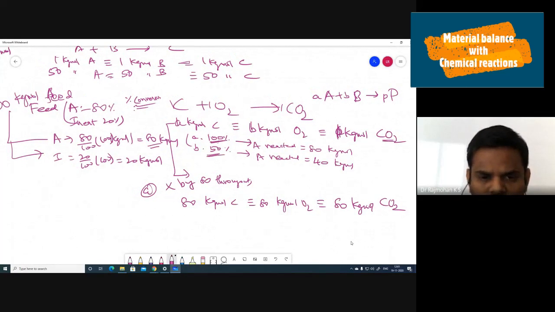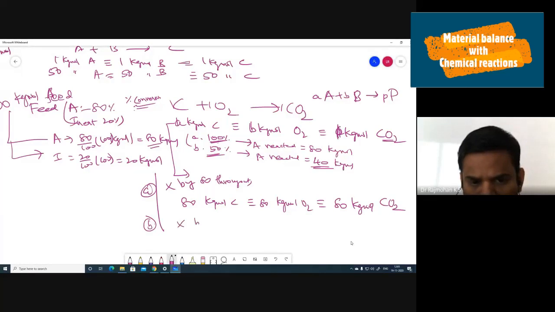Similarly, if it is 50% conversion, the amount of A reacted is 40 kg mole. So for the second case, what is the answer? Multiply this equation by 40 throughout because it is 40 kg mole. So 1 kg mole, 1 kg mole, 1 kg mole.